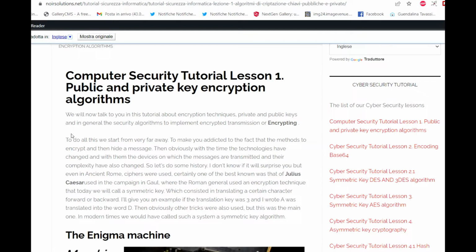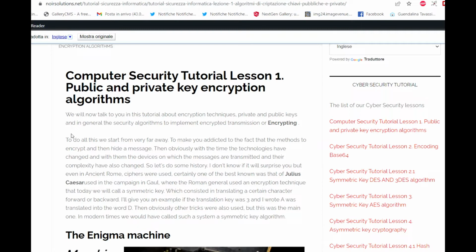Then obviously, with time the technology has changed, and with it the devices on which messages are transmitted and their complexity have also changed. So let's follow the same history. I don't know if it surprises you, but even in ancient Rome ciphers were used.